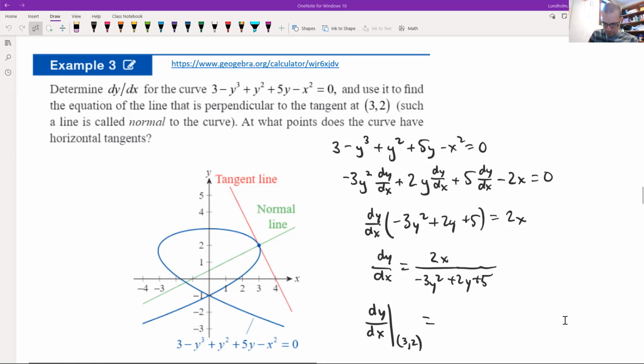And we could just go ahead and put those in. 2 times 2 over negative 3 times 3 squared plus 2 times 3 plus 5. 4 on the top, and negative 27 plus 6, so that'd be negative 21 plus 5, negative 16.